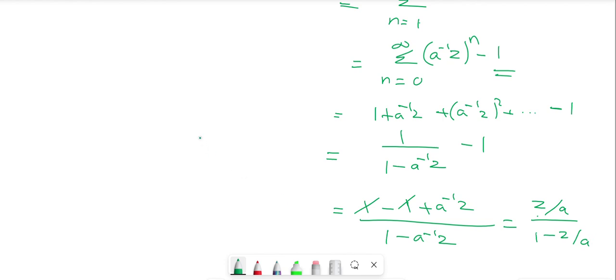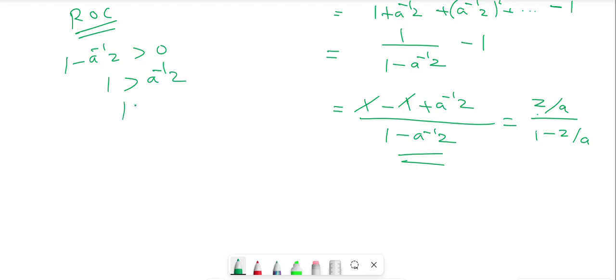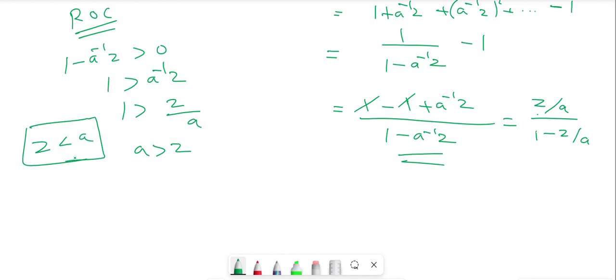For the ROC, 1 minus a inverse z should be greater than 0, so 1 is greater than a inverse z, that is, z by a. So again, z is less than a in order to have a finite amplitude.